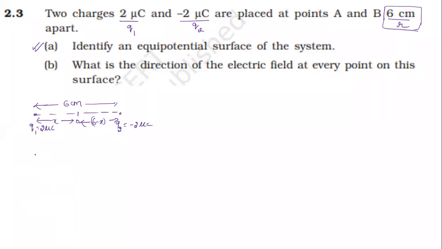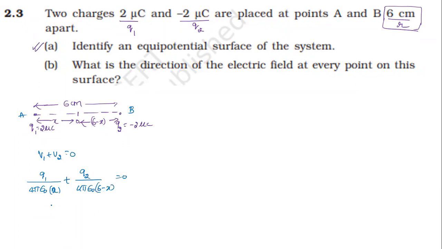Again, the total potential, V1 plus V2, equals 0. V1 is Q1 divided by 4 pi epsilon naught. Let me call this A and this B. So AO is what you have taken as x, plus Q2 divided by 4 pi epsilon naught into 6 minus x, equal to 0.